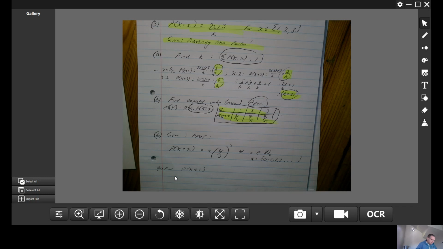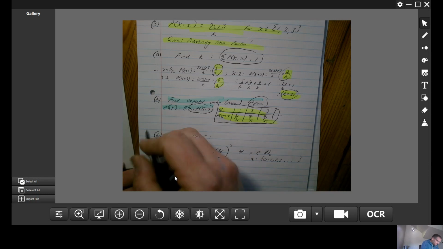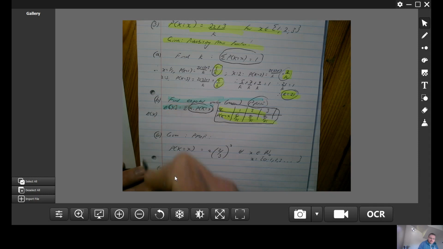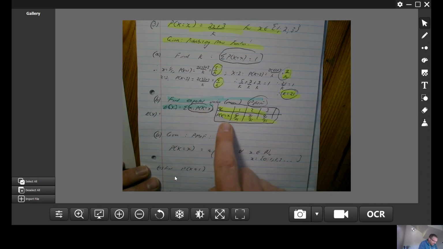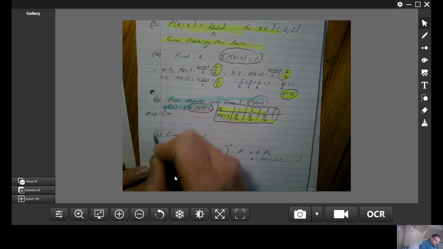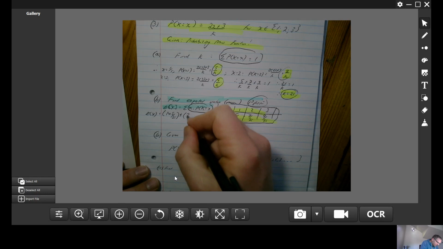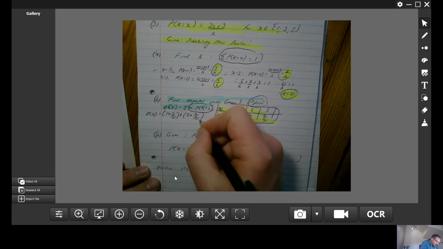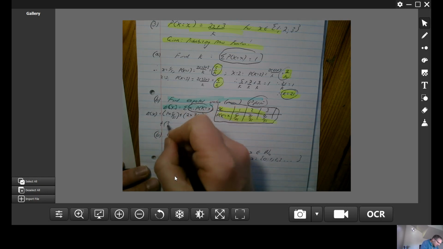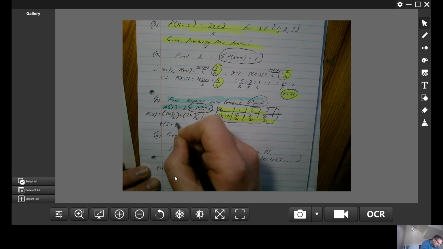Now the question says, go find the expected value of the PMF. It's sometimes called the expected value, sometimes called the mean of the probability mass function. So to find the mean, E of x is going to be equal to x times probability. So it'll be 1 times 5 over 21 plus 2 times 7 over 21 plus 3 times 9 over 21.